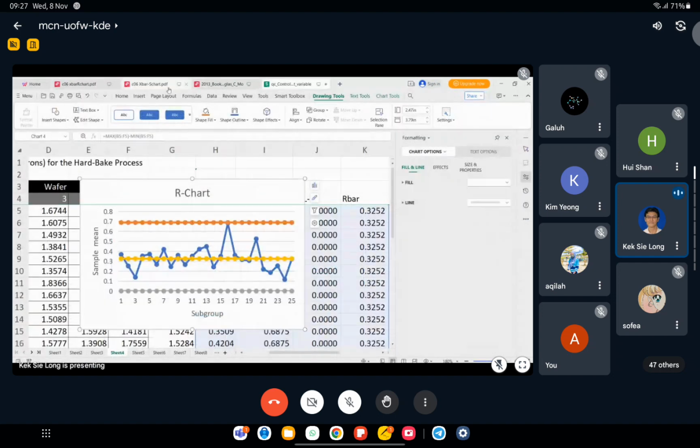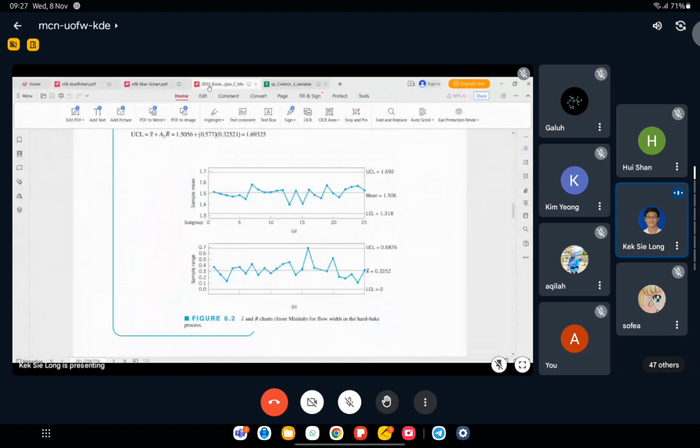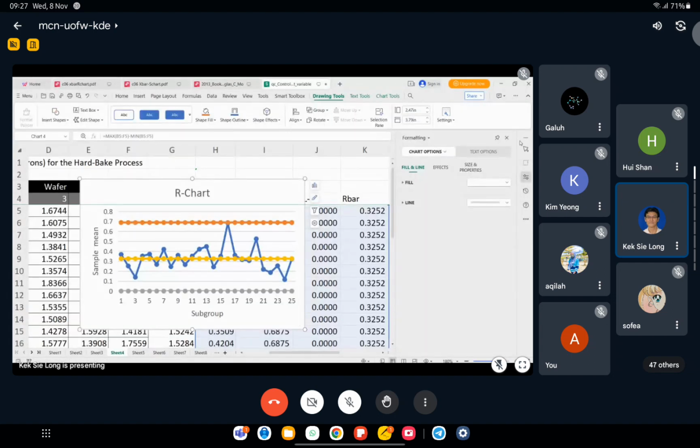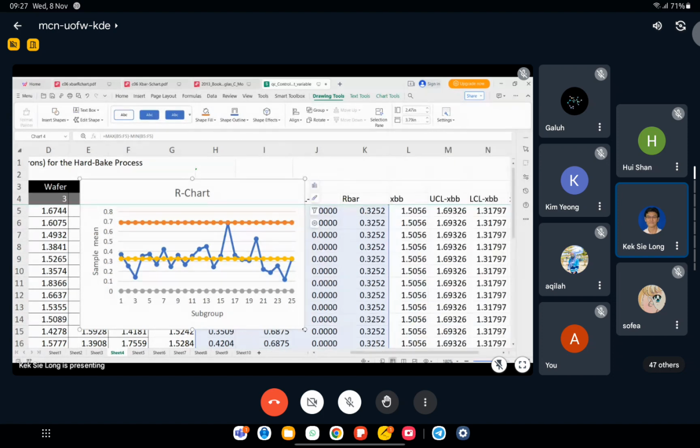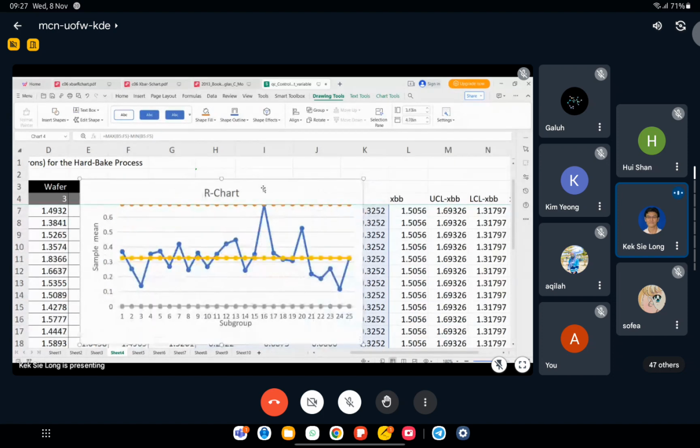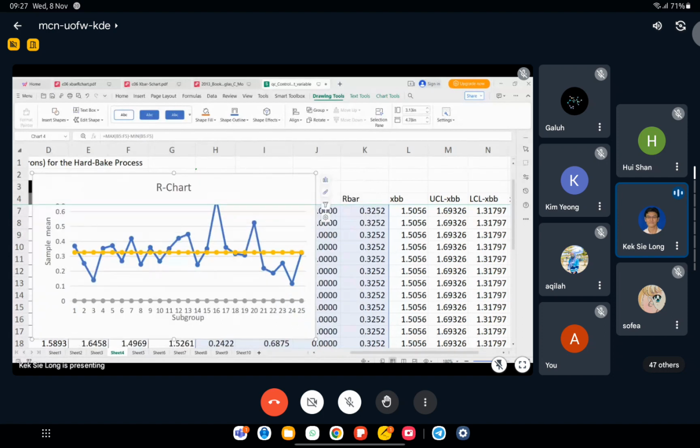Similar to figure 6.2, you can have a comparison. This is our chart. This is our chart from the ebook. We should get the same. So make sure you can get this R chart.